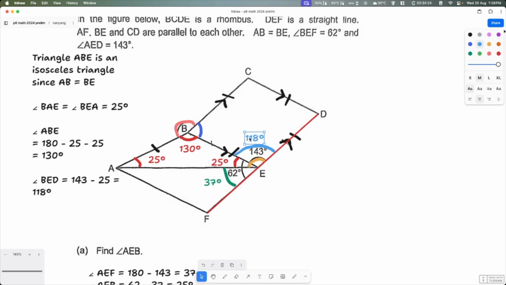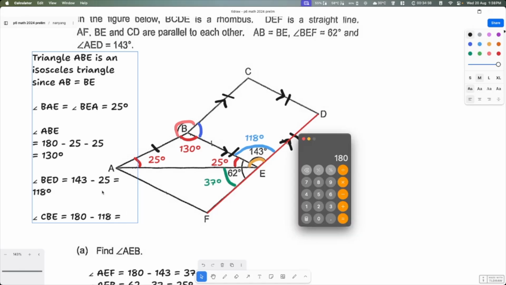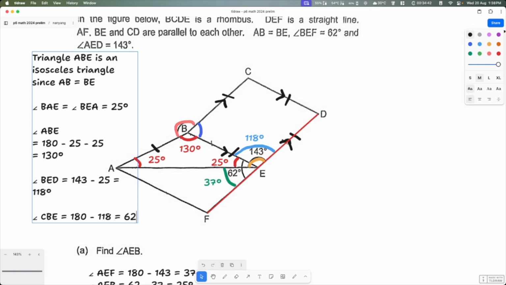And then after that we can get this opposite angle, angle CBE, which is equal to 180 minus 118. This will give us 62 degrees. So now we know that this 62 degrees is equal to this angle.